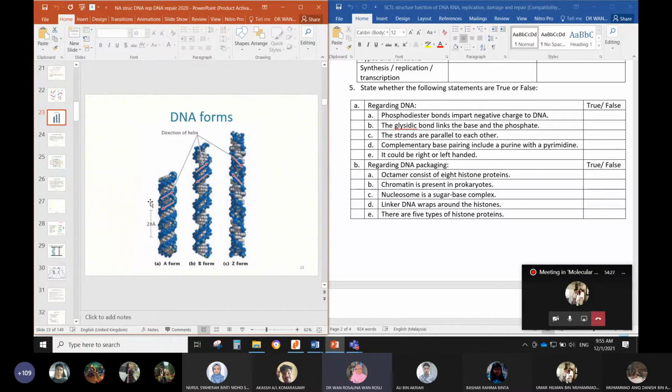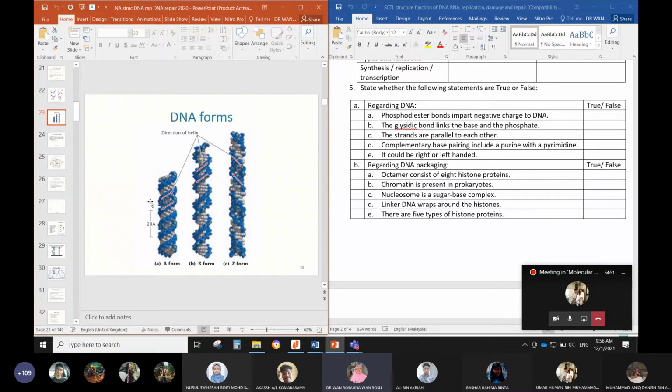And then also it is able to be packed very tightly within the cell to form your chromosomes. Although it is packed very densely, it can still exert its function at the appropriate time.